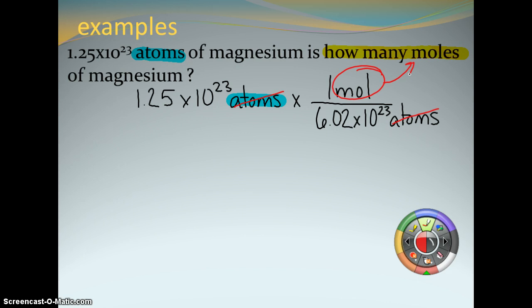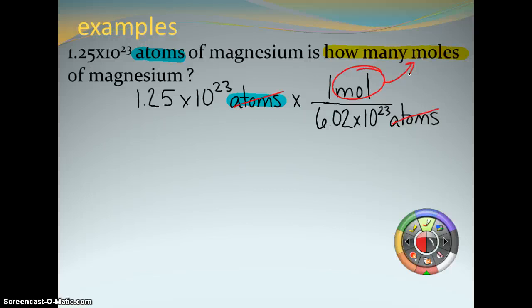So now you're going to do math. Remember to use your EE or your EXP or your times 10 to the x key, and don't combine that with another multiplication sign or another 10. It's going to include it all in that one function. So we have 1.25 times 10 to the 23rd divided by 6.02 times 10 to the 23rd.